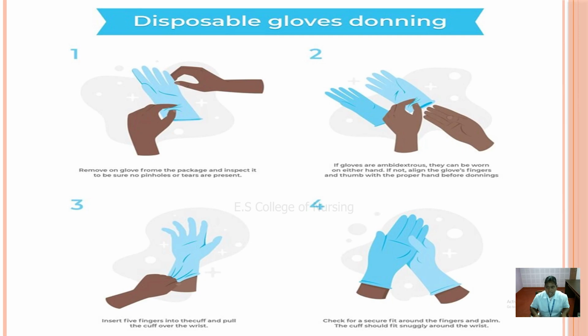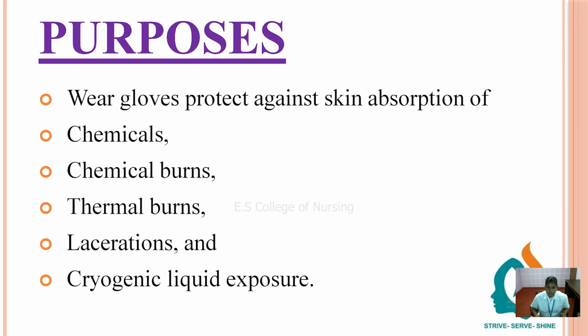If not, align the glove's fingers and thumb with the proper hand before donning. Third, insert the five fingers into the cuff, pull the cuff over the wrist and check for a secure fit around the fingers and palm. The cuff should fit snugly around the wrist. What are the purposes of wearing gloves? Gloves protect against skin absorption of chemicals, chemical burns, thermal burns, laceration and cryogenic liquid exposure.